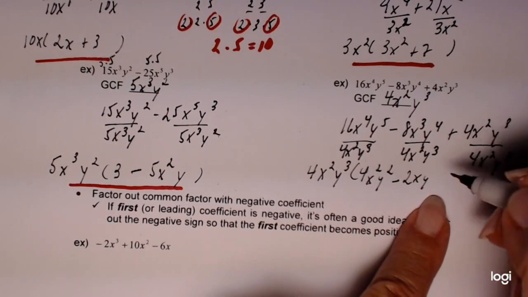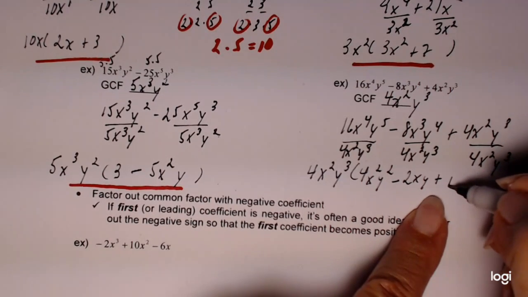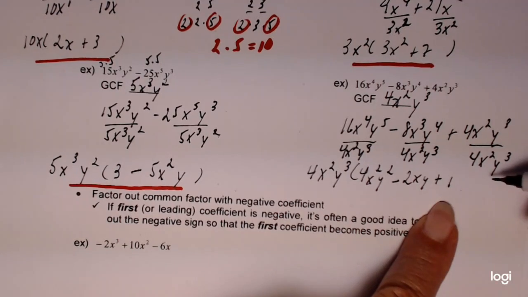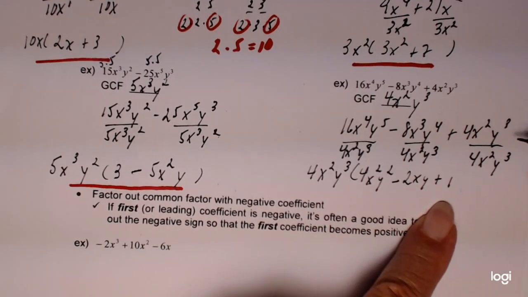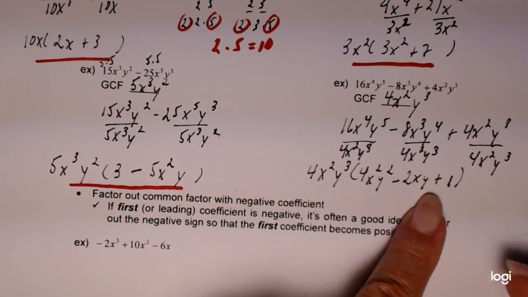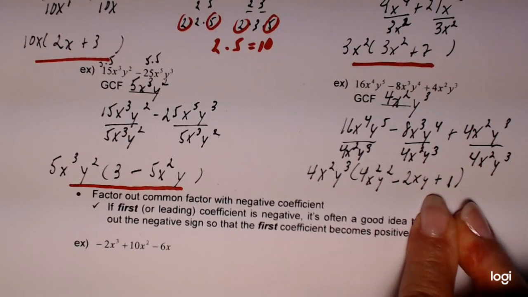Moving on to the third term, 4 divided by 4 is 1. X squared divided by x squared is 1. And y cubed divided by y cubed is 1. So this last term inside the parentheses is just 1. Let's take a look at this situation again.